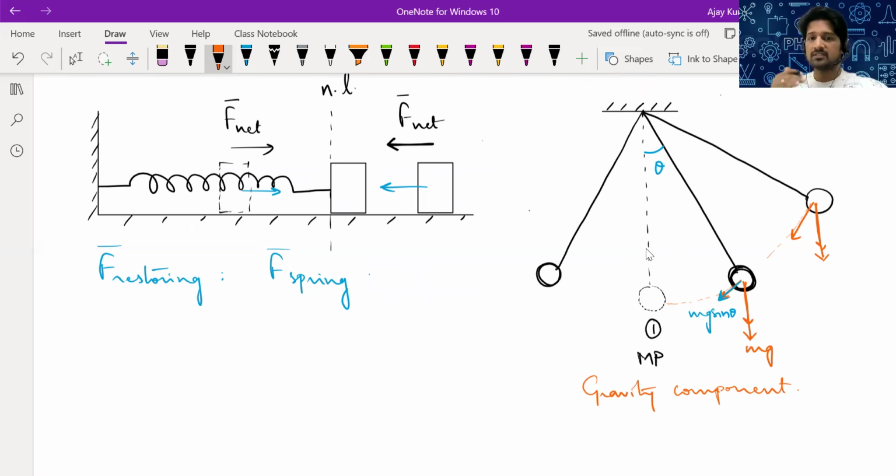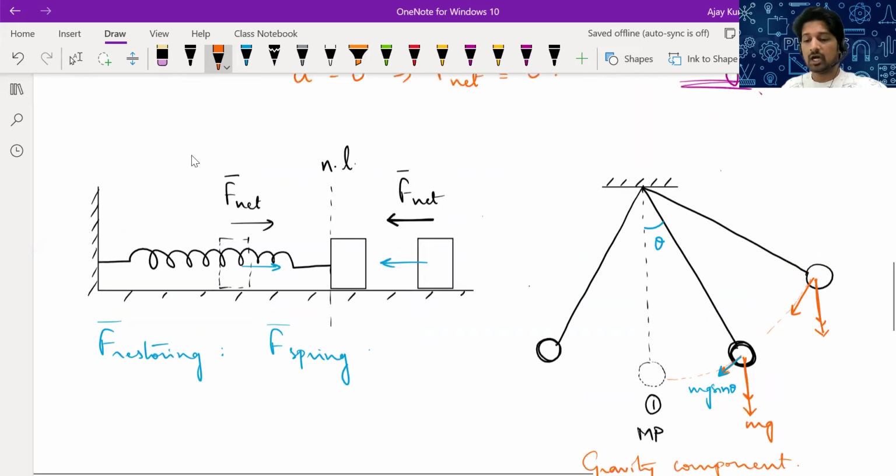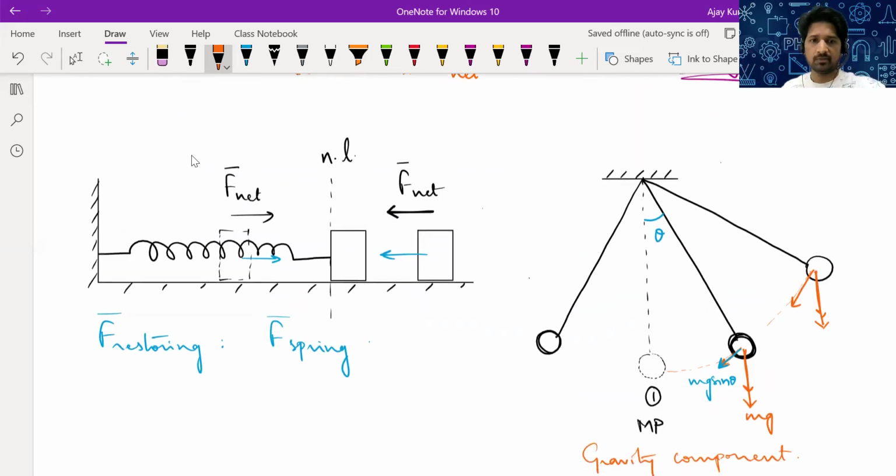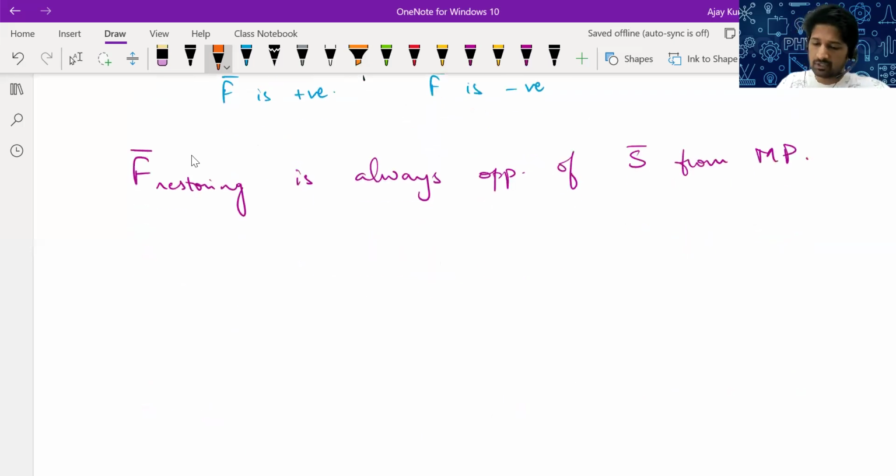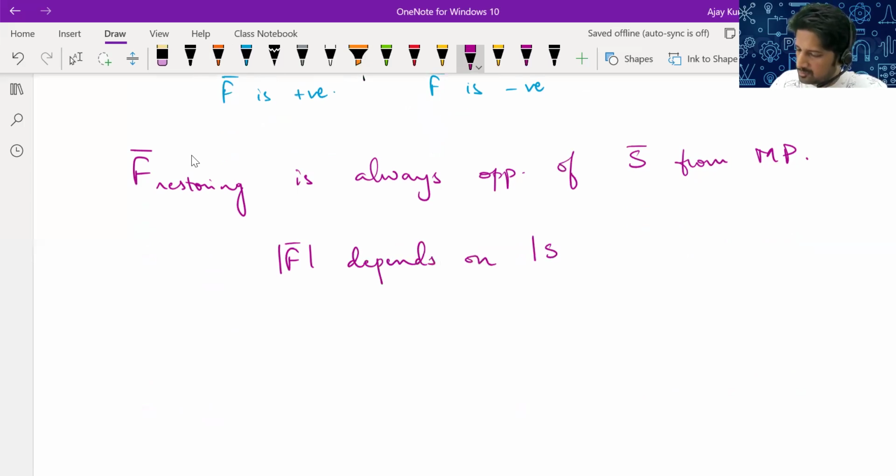Okay, how much restoring force is acting on an oscillating object depends on how far the oscillating object is from the mean position. So the direction of the restoring force is always opposite to the displacement from the mean position, and the magnitude of the restoring force also depends on the magnitude of displacement from the mean position.